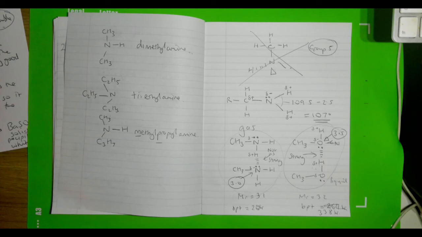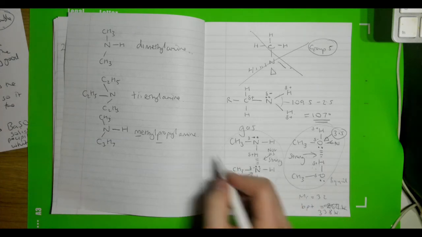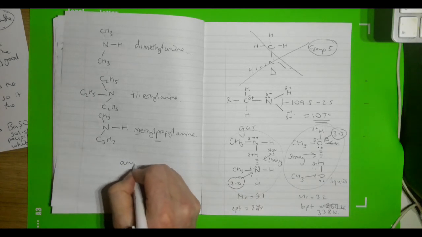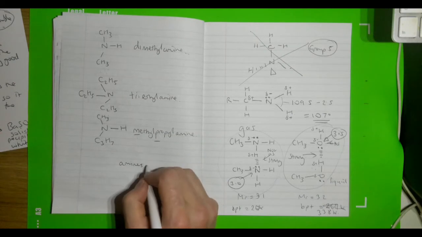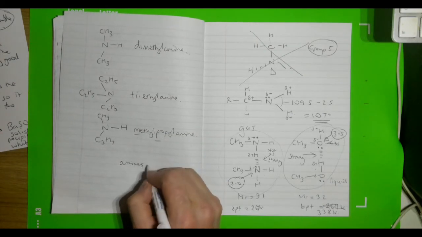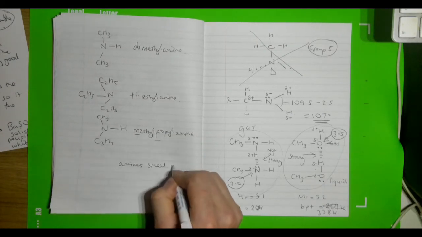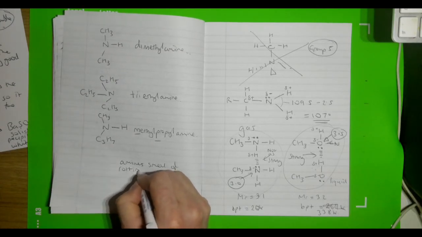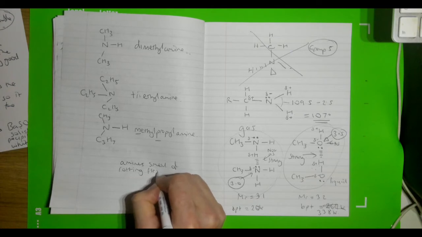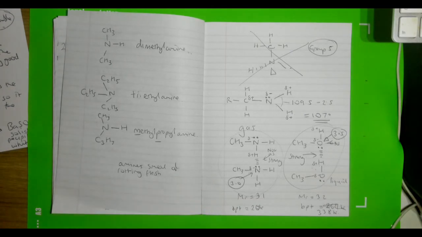And you might have heard of how amines smell. Now, amines have got a characteristic smell. The smell of rotten fish or flesh, actually. It's a horrible, fishy, rotten smell.